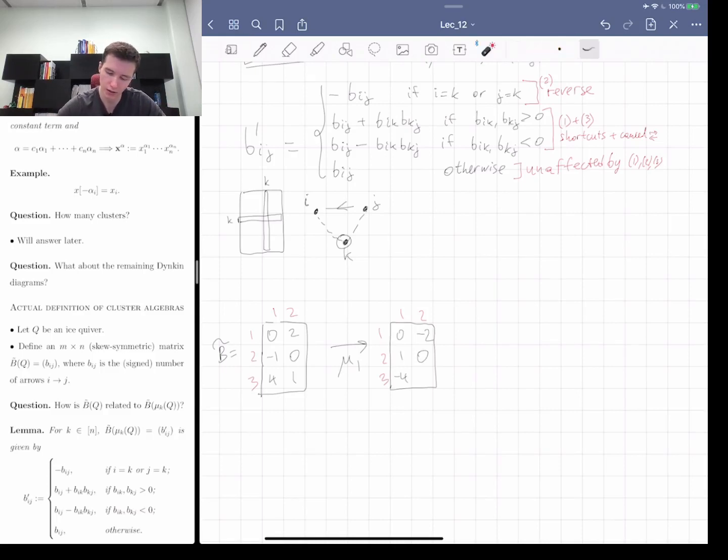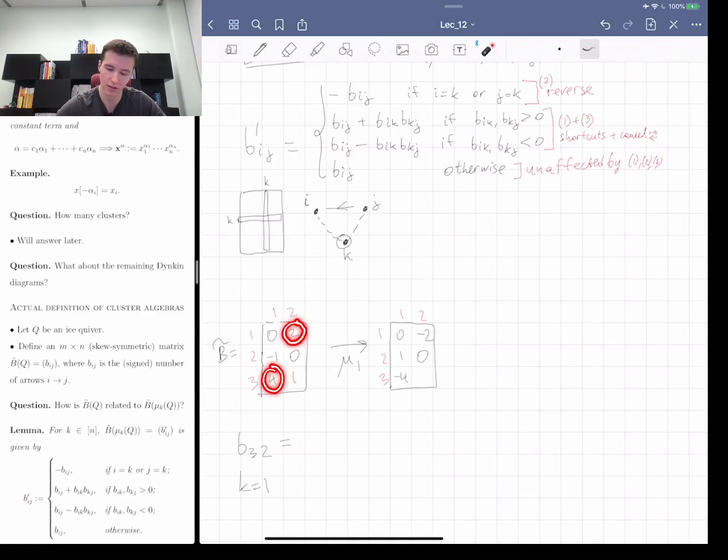And finally, what happens here is interesting. If I want to compute bij for I equals 3 and j equals 2, and k is equal to 1, I look at the entries bik and bkj, which is b31 and b12. And I notice that they are of the same sign.